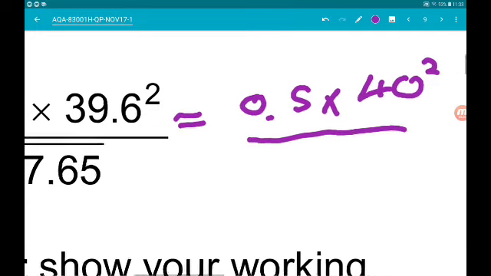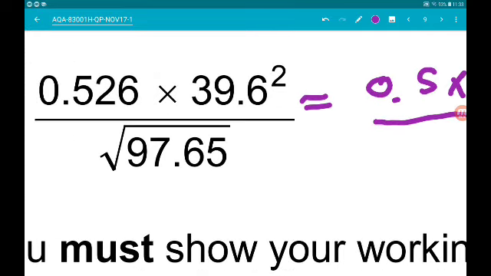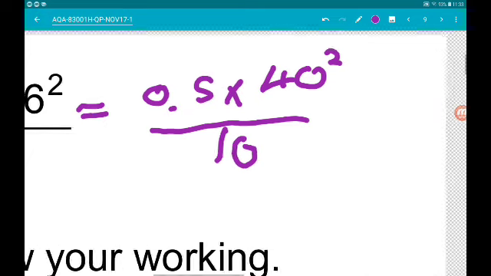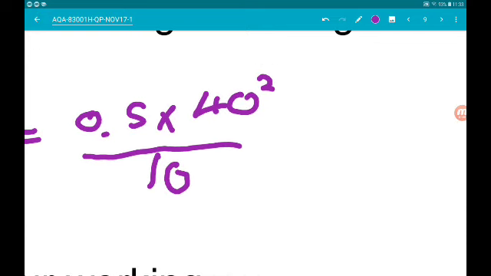And then 97.65 to one sig fig is 100. So the square root of 100 is 10. Okay, so 40 squared, well, 40 times 4 is 160, and 160 times 10 is 1,600.